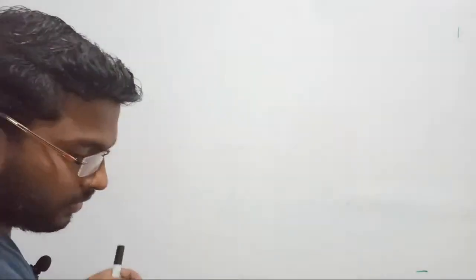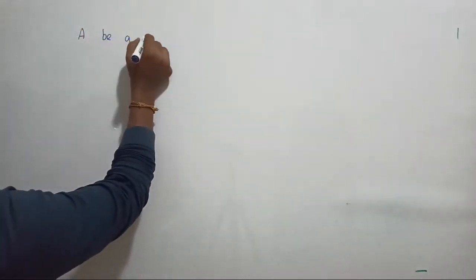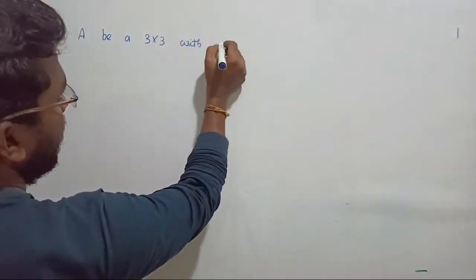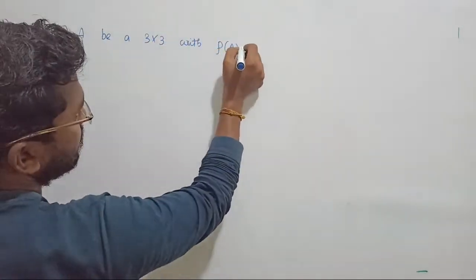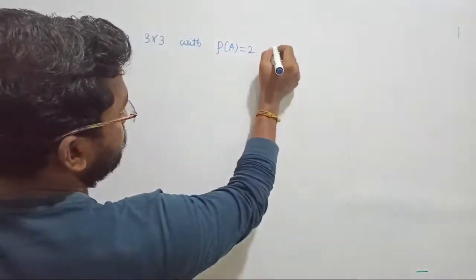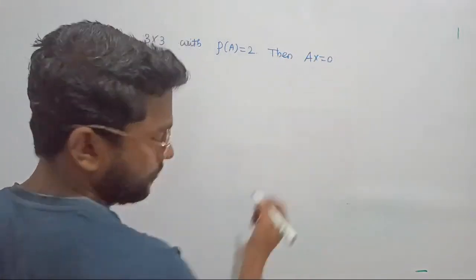Fine, let's start. Given A is a 3x3 matrix, the rank of the matrix is given as 2, right? Then Ax equal to 0 has, that is the question.